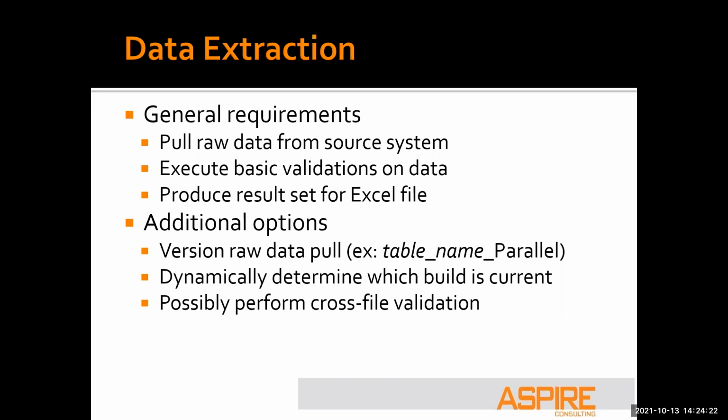You don't want to have to update every script for each build you go through. It's nice to have a script dynamically know that, oh, we're in the parallel build. So maybe you have a table that says these are the build parameters, and it would tell each script which build is current, which ones are closed or not in effect right now, and then it would know, okay, we need to pull data as of this date, and we need to include terminated people through this date, and so on and so forth.